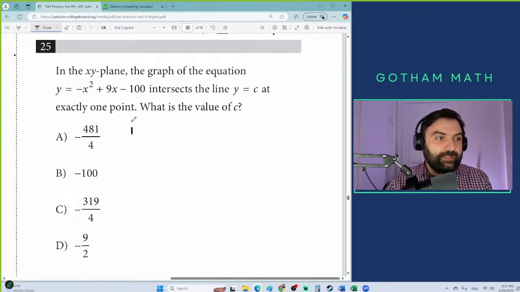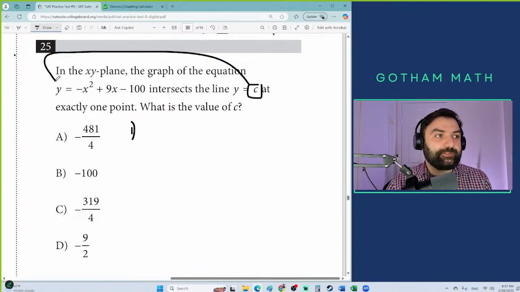I can even break it in steps already. So step 1 is plugging c into the y of the first equation, like over here. So it will be c equals negative x squared plus 9x minus 100.